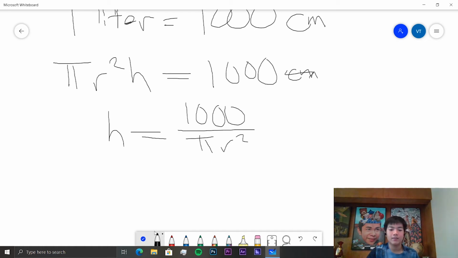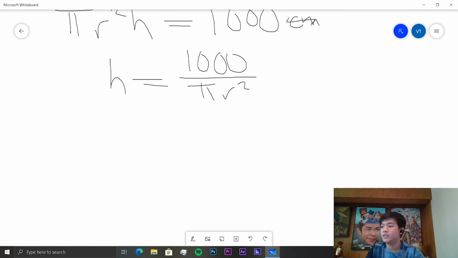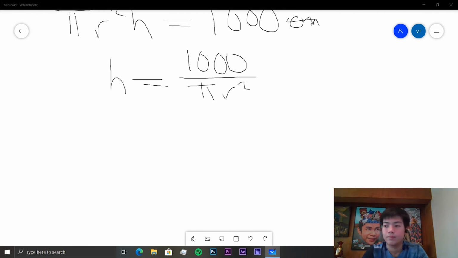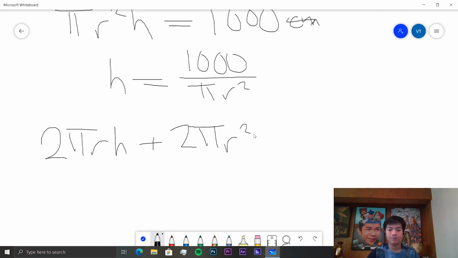And so we now need to find the surface area of the cylinder, which is equal to 2 pi r h plus 2 pi r squared, because 2 pi r h is the rectangular surface that goes around, and then we need to add the top and bottom circles.